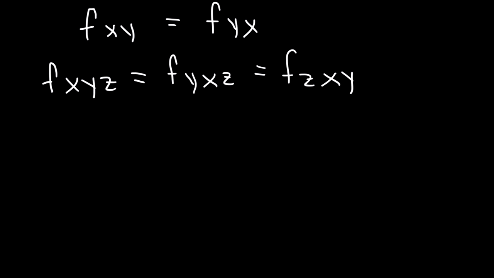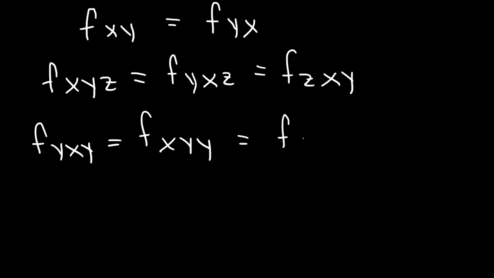The order doesn't matter. So here's another example. f of y, x, y is equal to f of x, y, y, which is equal to f of y, y, x. These are all the same. We're differentiating with respect to x once, but with respect to y twice.